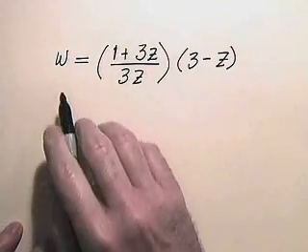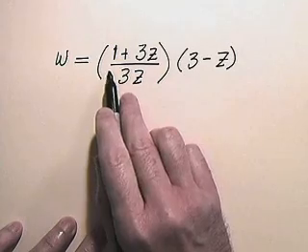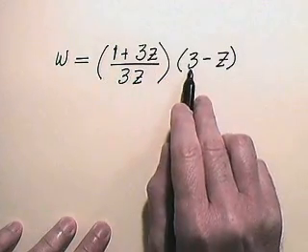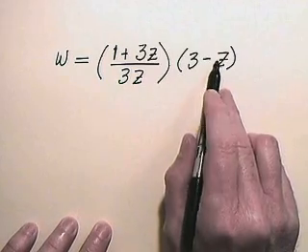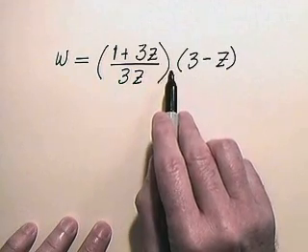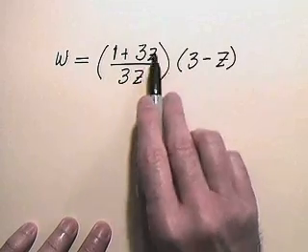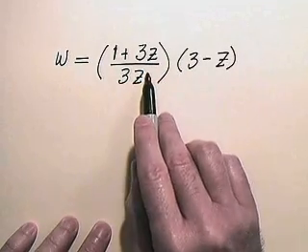Now let's look at another problem where we find first and second derivatives, and again, simplification is going to help. Here I have the function w equals the quantity (1 plus 3z) over 3z, multiplied by the quantity (3 minus z). Ostensibly, to differentiate, we'd have to apply the product rule, and then when differentiating the first factor, apply the quotient rule.